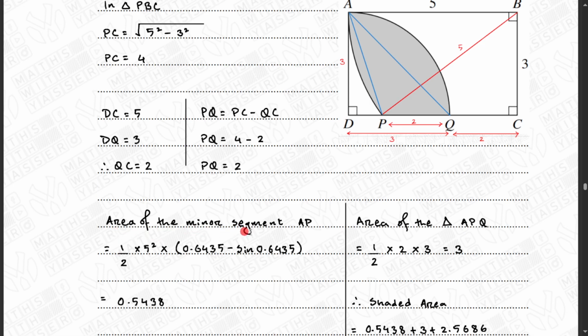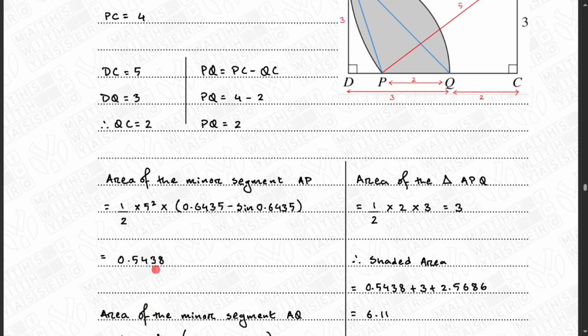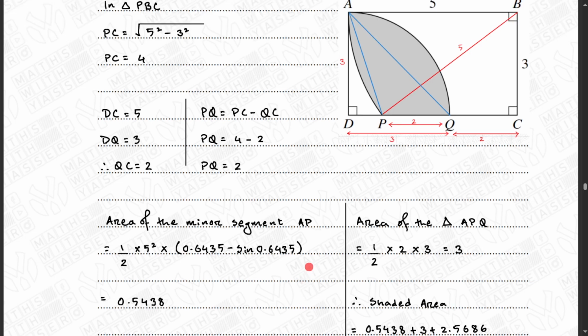Let's find the area of the minor segment AP. That gives us half r squared times theta minus sine theta. The theta is 0.6435, so 0.6435 minus sine 0.6435, and that gives us 0.5438. And let's also find the area of the minor segment AQ.